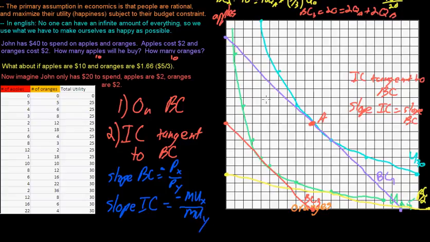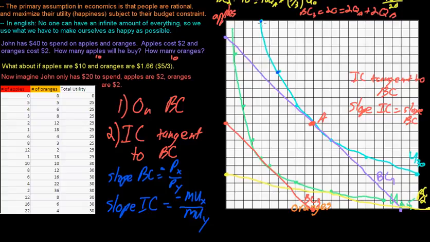If you are on the same indifference curve, you are just as happy at any 2 points. So let's pick this point and this point right here. Shifting from here to here, you gain 2 oranges and you lose, what is this, 1, 2, 3, 4, 5, 6. You lose 6 apples.